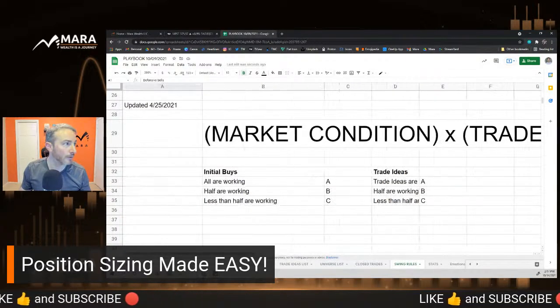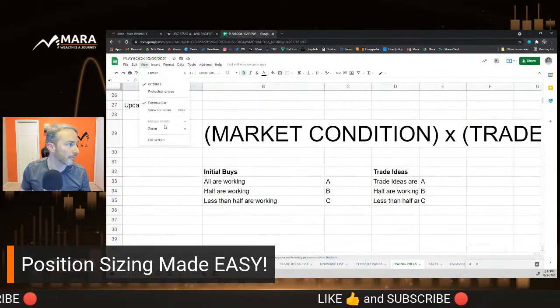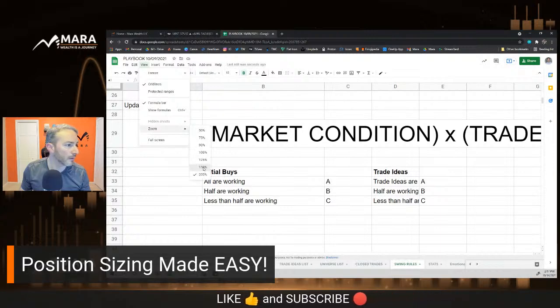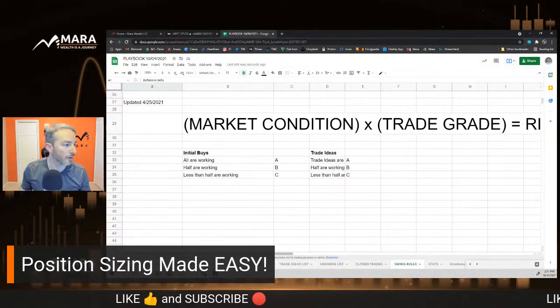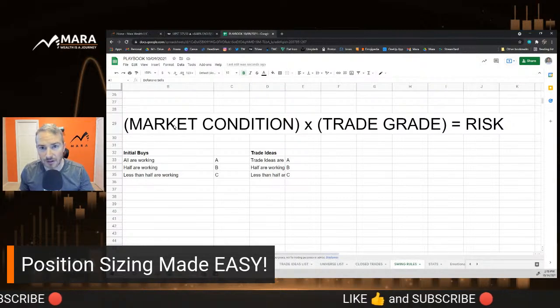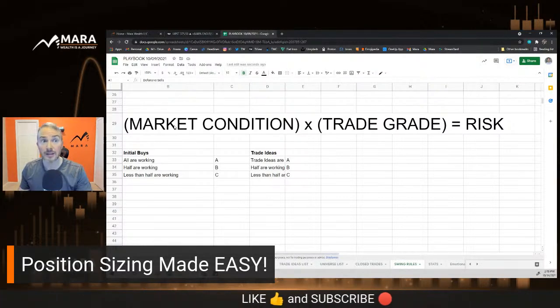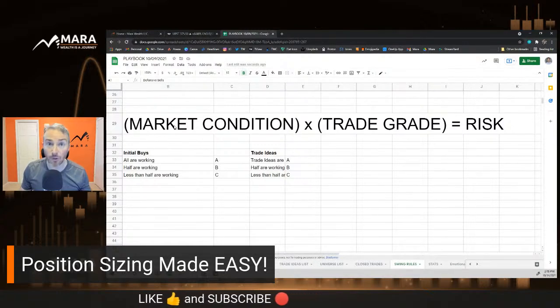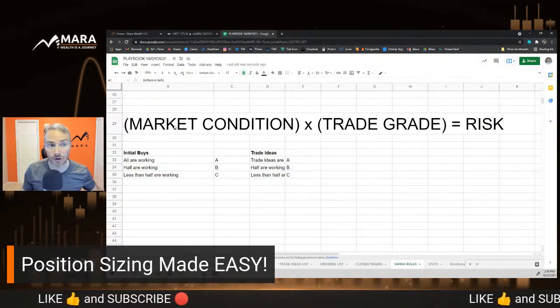Maybe I made the screen a little too big. Let's zoom out a little bit. All right. It's based on this formula here. The market condition times the trade grade tells me how much capital I should risk on this trade.